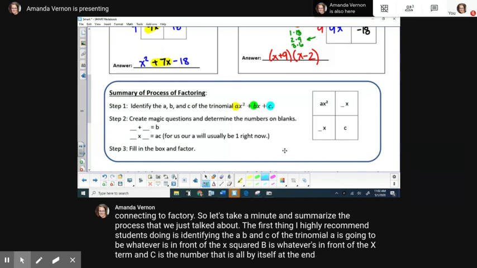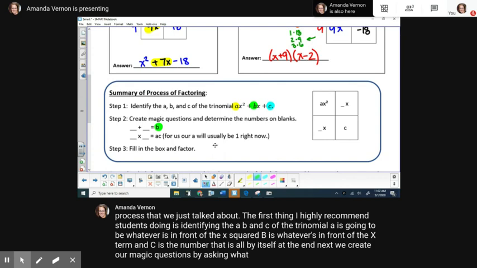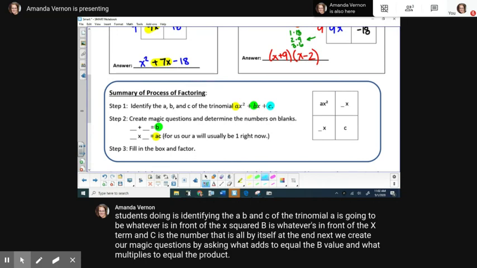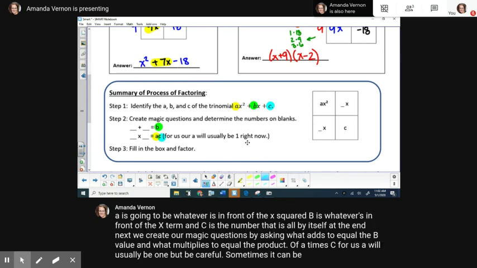Next, we create our magic questions by asking what adds to equal the b value and what multiplies to equal the product of a times c. For us, a will usually be 1, but be careful, sometimes it can be something else.